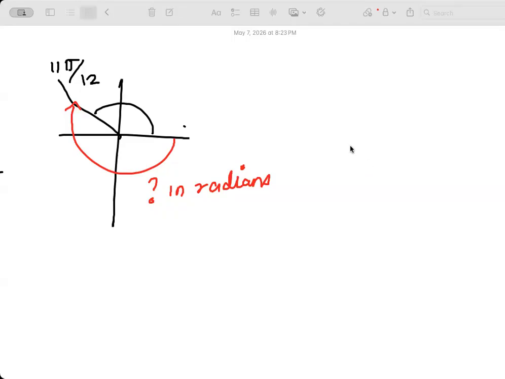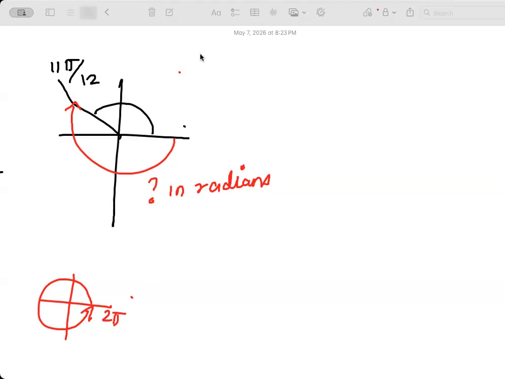Rishit, is it minus or plus? Minus and plus make a lot of difference, right? Akshada, what I asked you was the angle in red, in radians. The entire circle is 2 pi, and 2 pi is 360 degrees. They have given me a positive angle, and I have to find this angle in the negative direction.